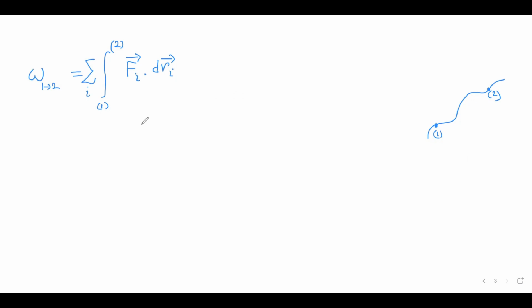So what is Fi? Fi is the total force acting on the ith particle. That is basically the external force acting on the ith particle plus the sum over all j, where j is not equal to i, of fij.